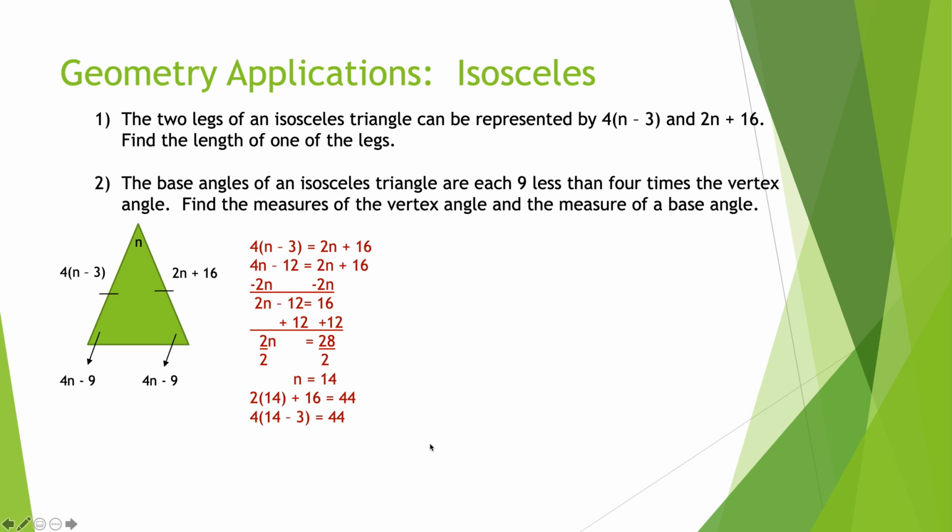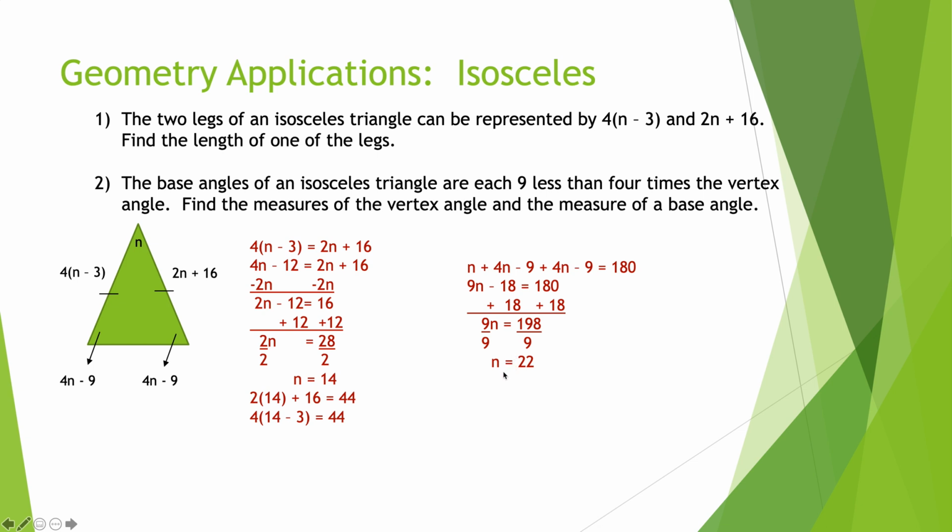And we know those three angles are going to add up to 180. So n plus 4n minus 9 plus another 4n minus 9 has to be 180. Same side, same operation. That's 9n minus 18 is 180. Adding 18 to both sides, I get 9n is equal to 198. Dividing by 9, I get n is equal to 22.